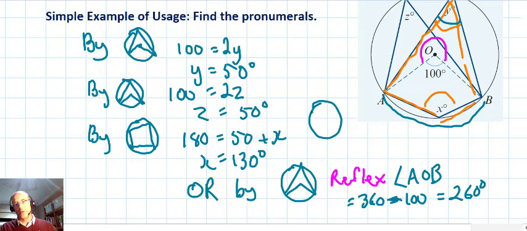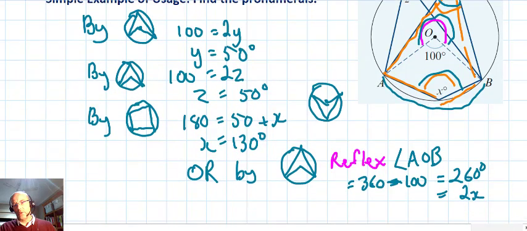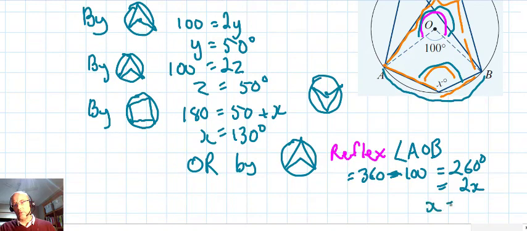So twice the angle at the center compared to the angle at the circumference. So 2 lots of x will make 260, so that equals 2x, therefore x equals 130, and you can see that's what we got using the cyclic quadrilateral theorem.